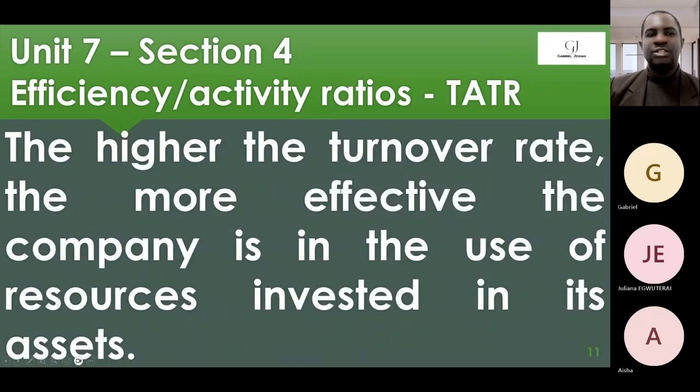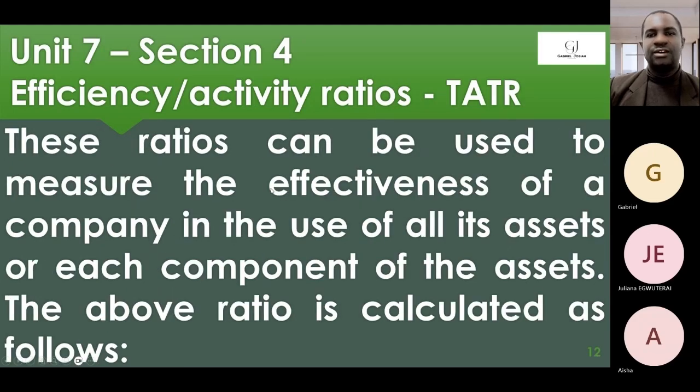So the higher the total assets turnover, the more effective the company is in using the resources invested in it. A higher ratio shows that the company is doing well in using the assets to make money or generate revenue.